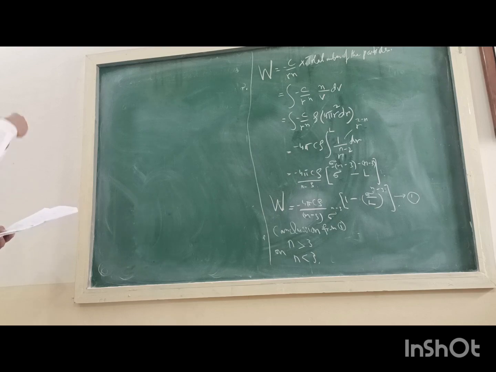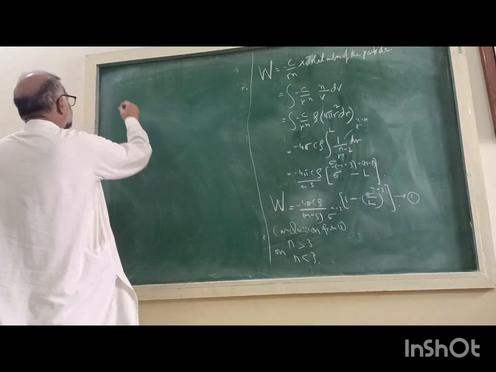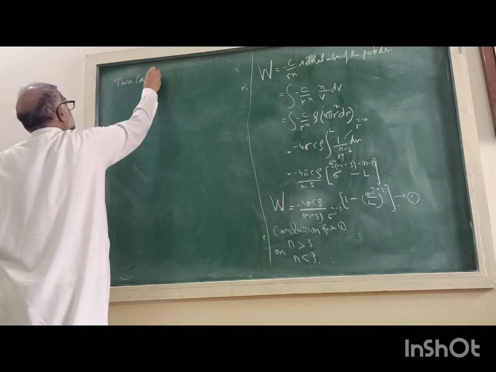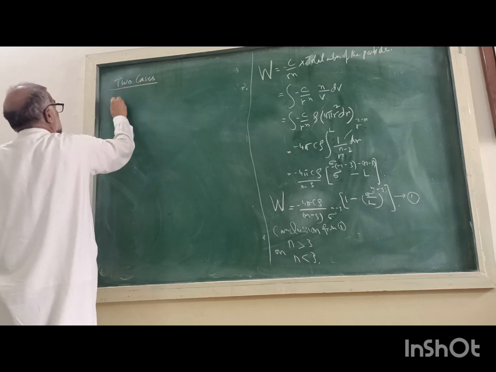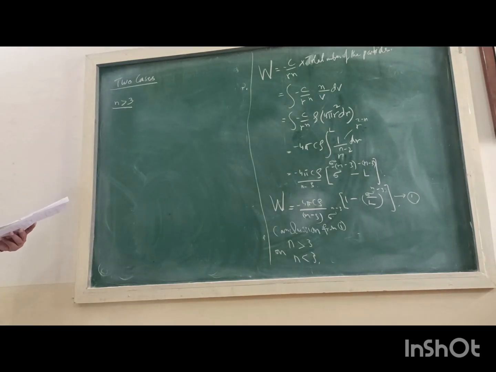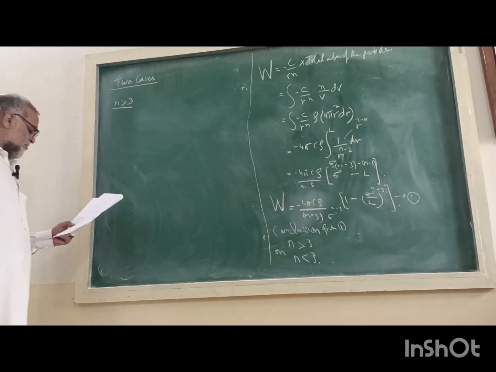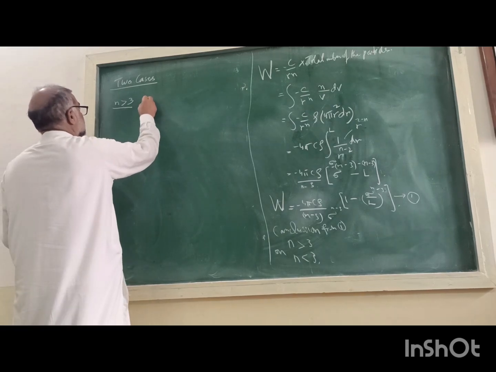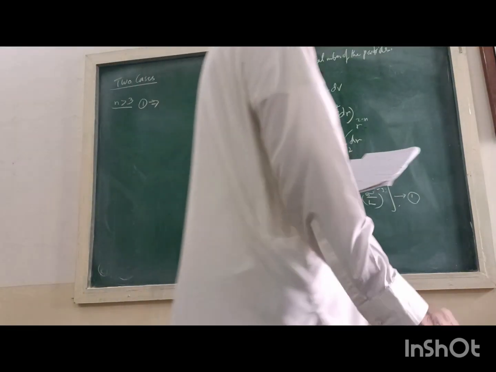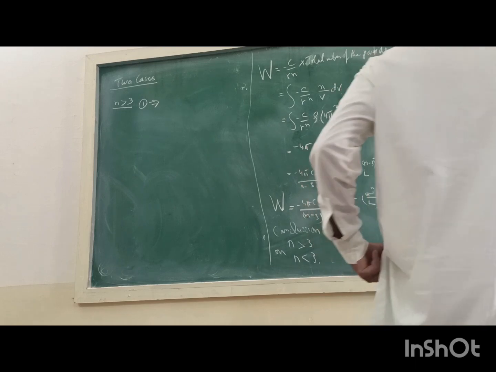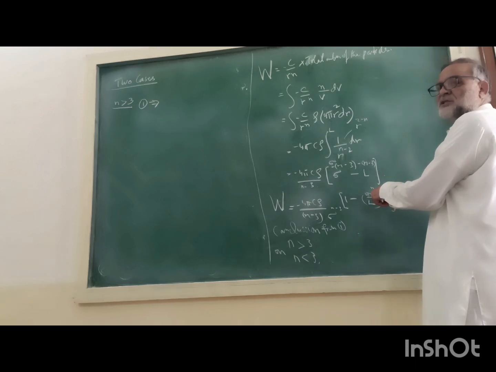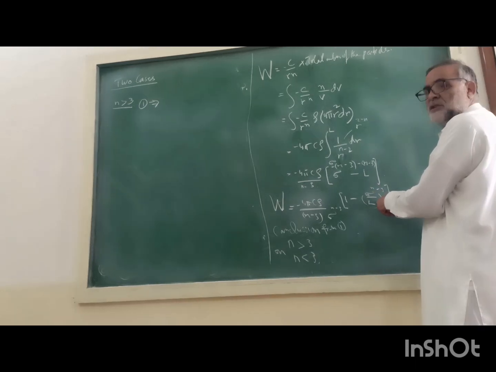Okay. So there are two cases. For n greater than 3, equation 1 implies, look at this, when n is greater than 3, sigma is a small quantity and n is large.